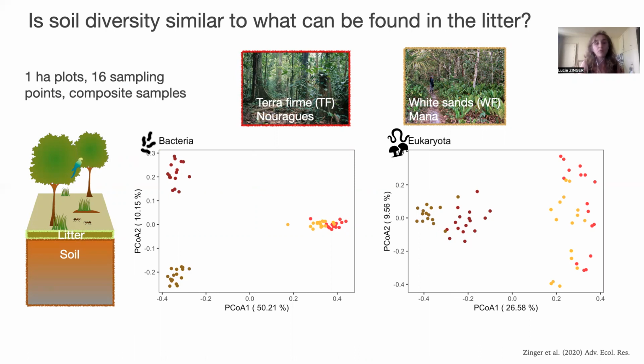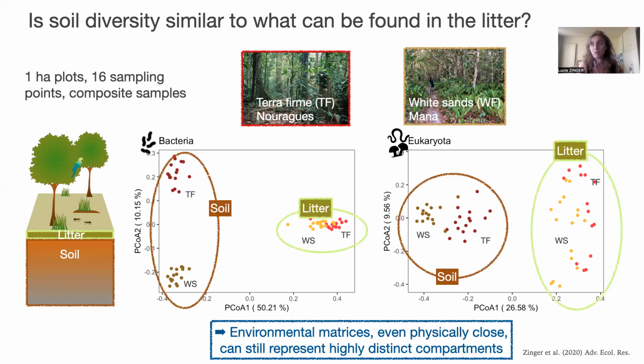And the most discriminant factor for these communities was not the habitat, but really the type of environmental matrix we sampled, which means that even if they are very close physically, they still harbor very distinct communities, and there is little transfer between these two compartments.